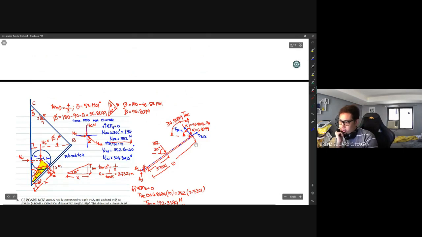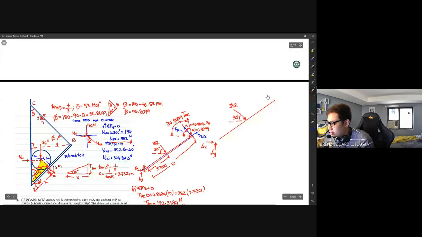Okay? So what we will do is get the x and y components of this 352 and the TBC that we got. To avoid overlapping, let's draw another one. So, this is AX, this is AY. This force, 352, is acting at 30 degrees.